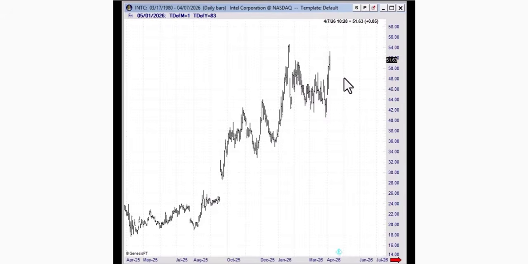But you can make this even more precise, more specific to your whole approach to the market by saying, for example, hey, show me all the stocks that have bullish engulfing patterns, or show me all the stocks where RSI is moving from below 30 to above 30, or from above 70 to below 70.